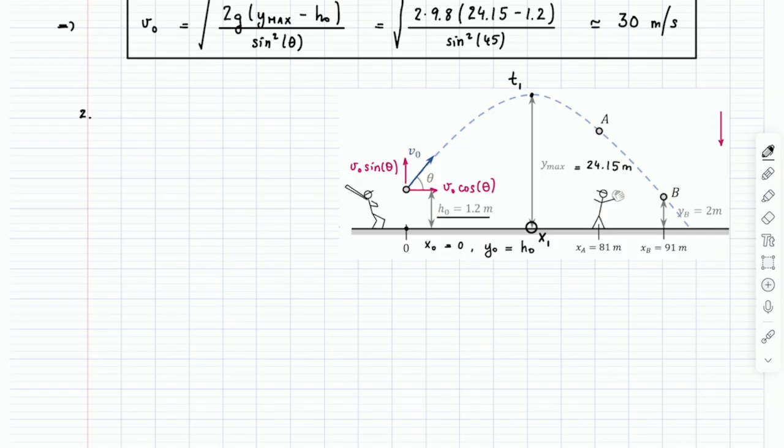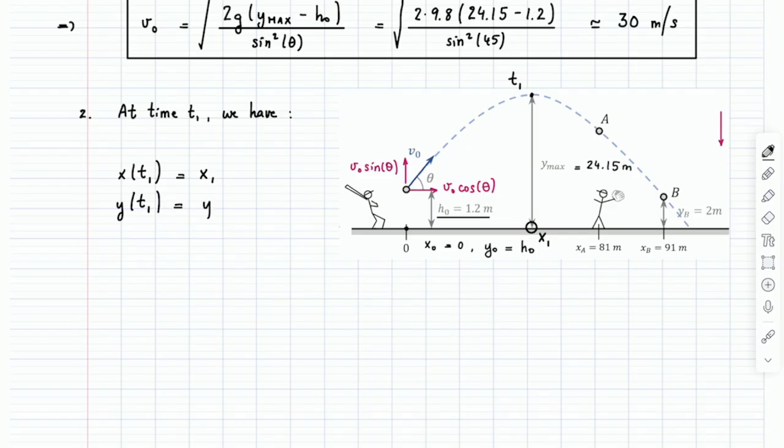Now, again, at time t1, what is true? Actually, the same things as before, yeah. It is true that x of t1 is x1. So if I only knew t1, I would be able to solve for x1.